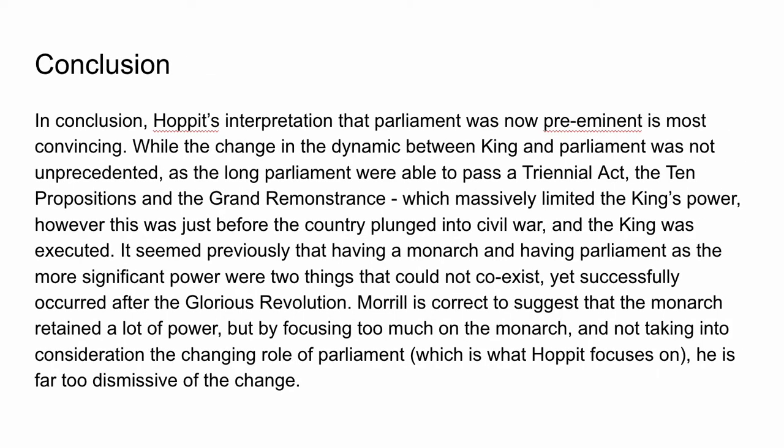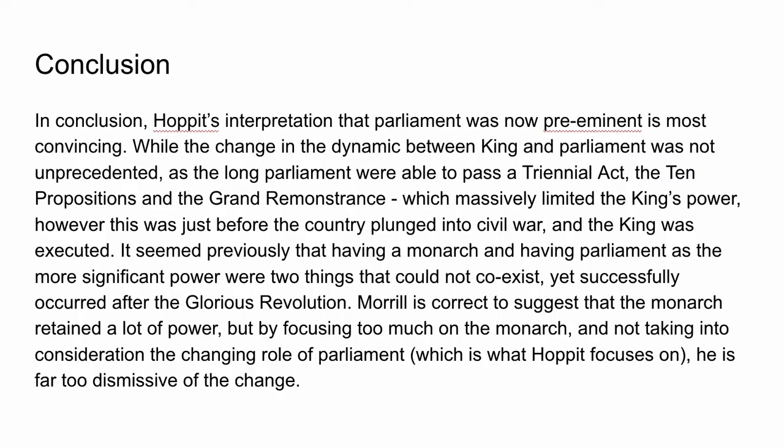Then we get to the important bit, the conclusion. And this person agrees with Hoppett's interpretation 1, that Parliament is now preeminent. They said that's most convincing. And what they do here, which is really effective, is go back to the earlier period and talk about some of the things that had happened earlier, like the earlier Triennial Act of 1641, the 10 Propositions and the Grand Remonstrance, these things that happened just before the Civil War.